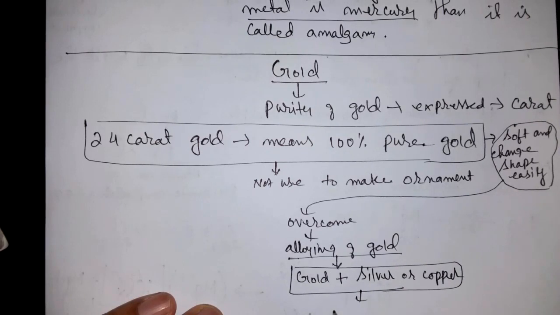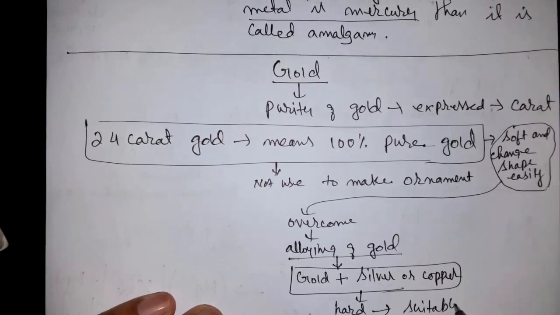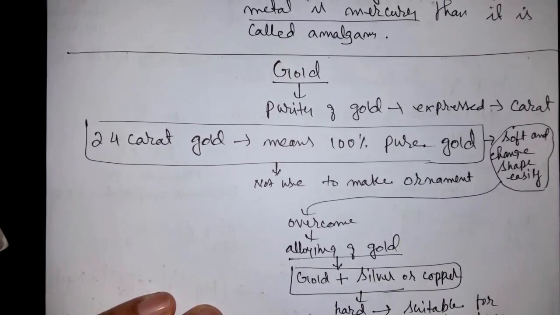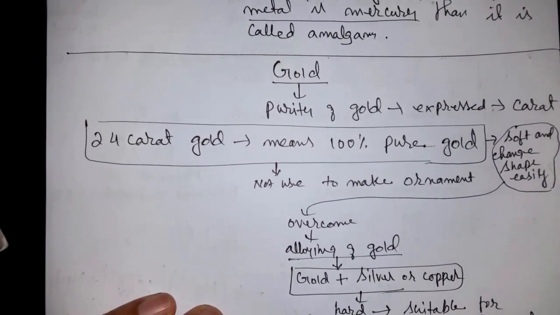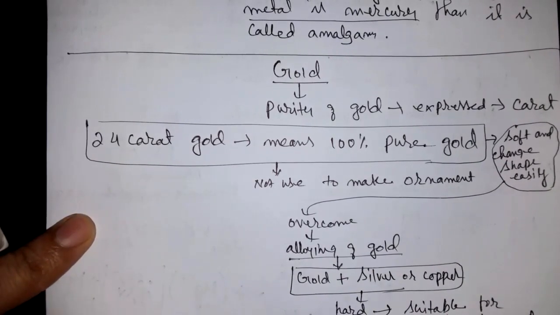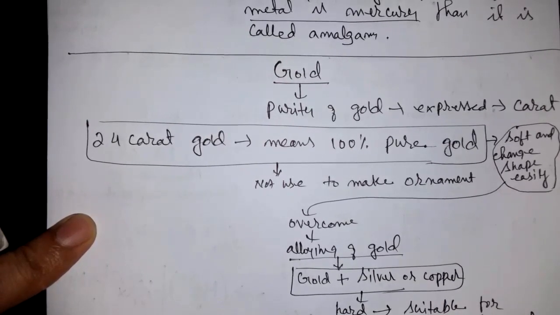The gold becomes hard and it is suitable for making ornament. Generally for ornament, maximum 22 karat gold is used.